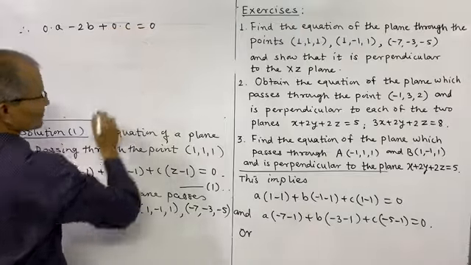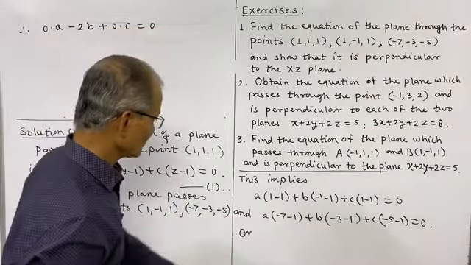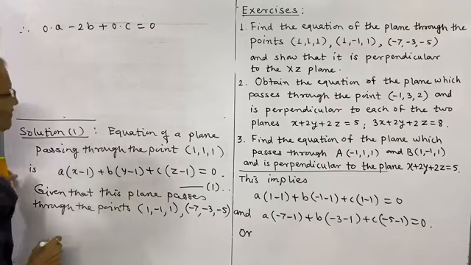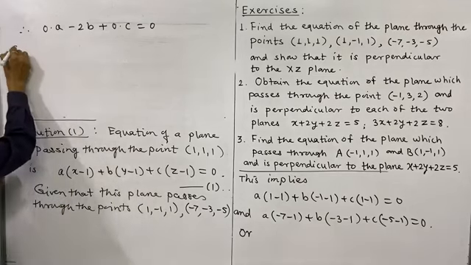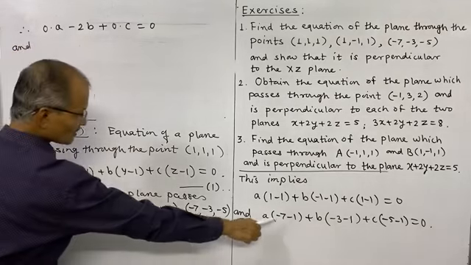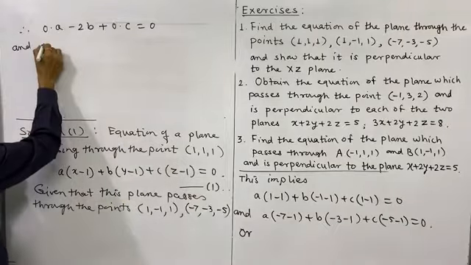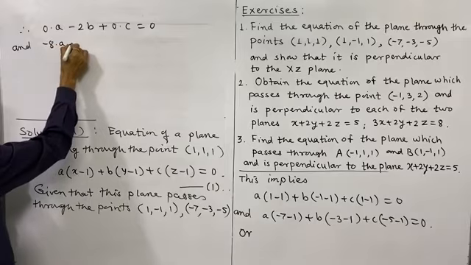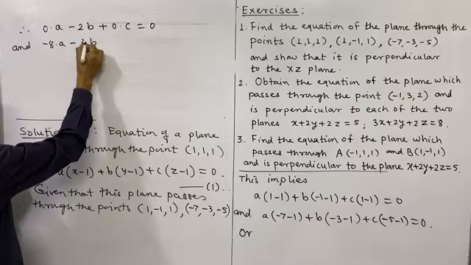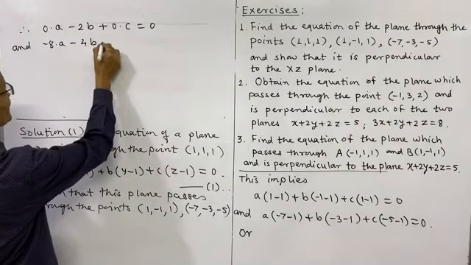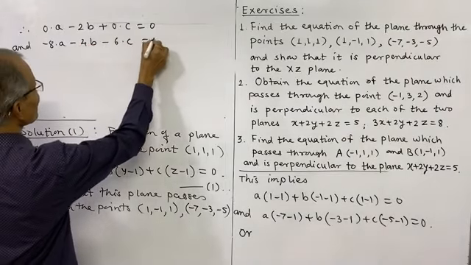We are writing the terms 0 also. And the second is minus 8 into a and next is minus 4 into b and next is minus 6 into c is equal to 0.